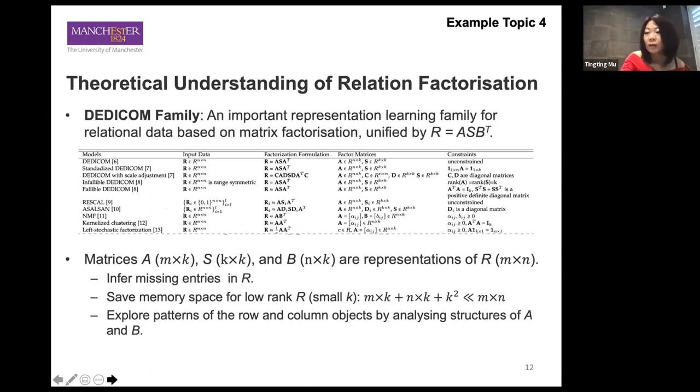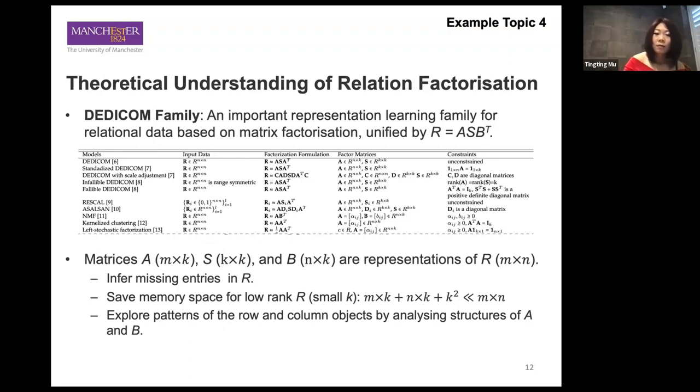Okay, so the last example I would like to share with you is some of our results from our theoretical understanding of relation factorization. We are interested in an important representation learning family for relation data.